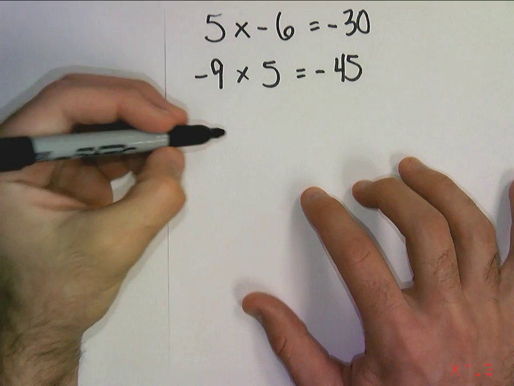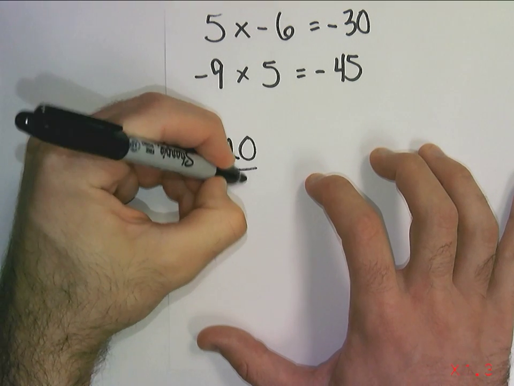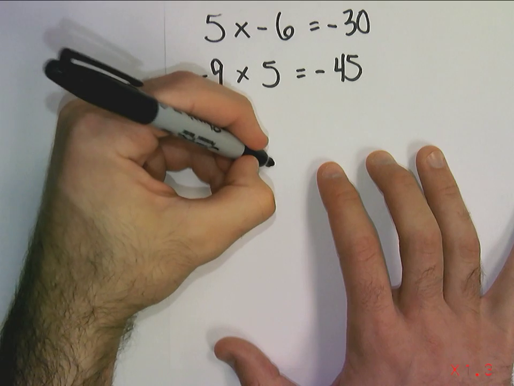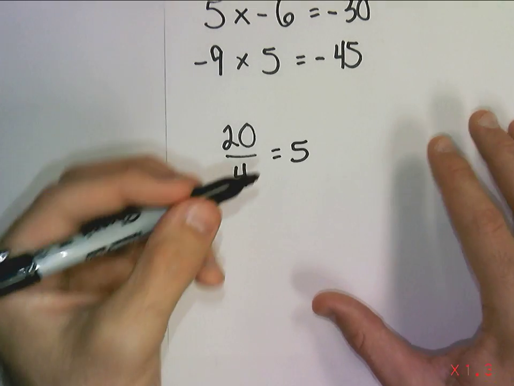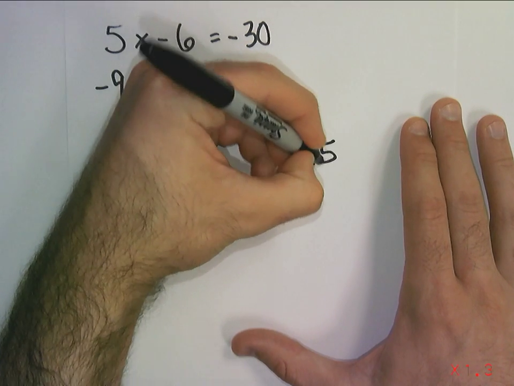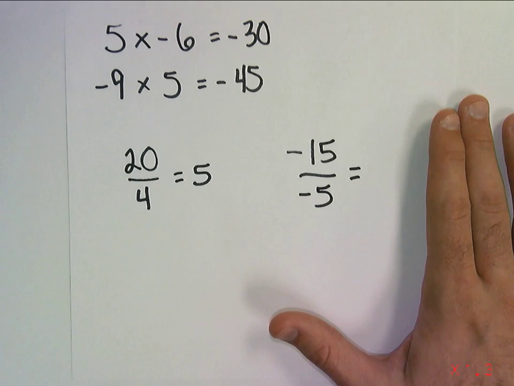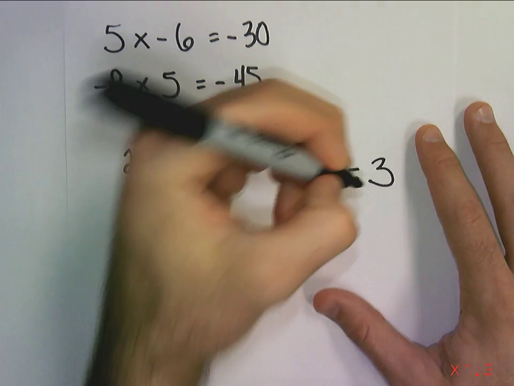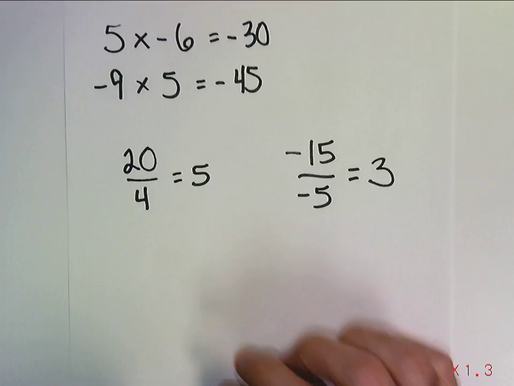If your signs are the same, let's say we had 20 divided by 4, which is 5. Could also go along the lines of having two negatives, where we would have negative 15 divided by negative 5, which is going to be a positive 3. So that's if your signs are the same, you will get a positive answer.